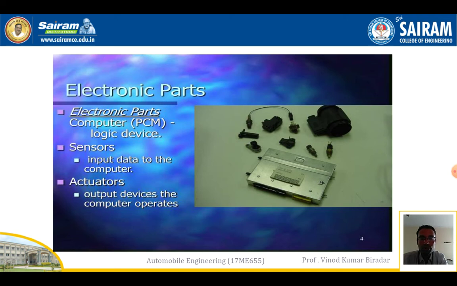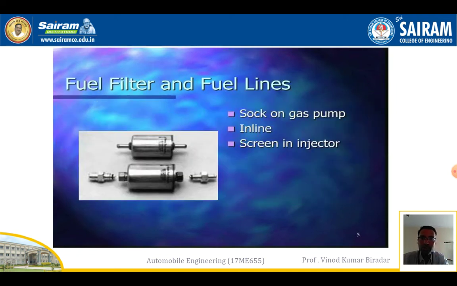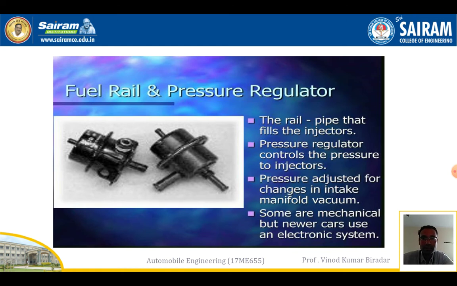Fuel filter and fuel lines are fitted to the vehicle, with a fuel pump or inline screen in the injectors. The fuel rail and pressure regulator regulate and control the pressure of the fuel going to the injectors, adjusted also for changes in the intake manifold vacuum.